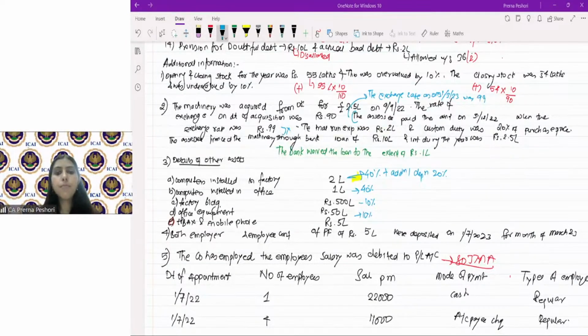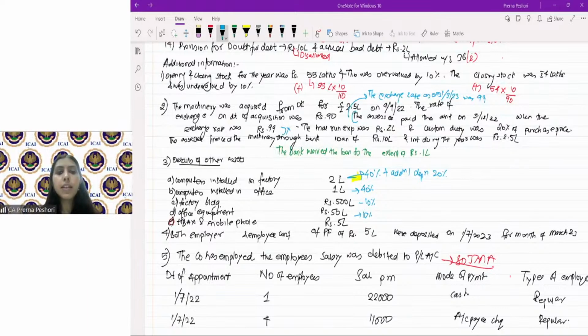EPBX and mobile phone. What is the rate? 40%, 15%.